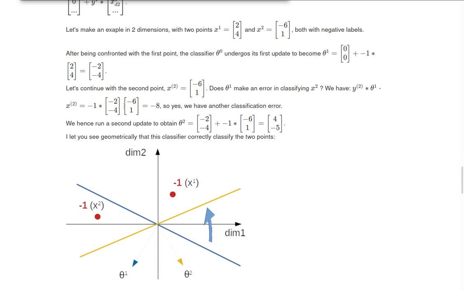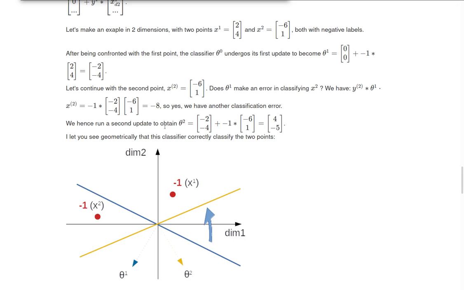The dot product is -2 multiplied by -6, which is 12, plus -4 multiplied by 1, which is -4. So we have 12 - 4 = 8, which is positive, so the dot product is positive, and -1 is negative, so we have -8 in total, and we do have a classification error, where the dot product doesn't match the label.